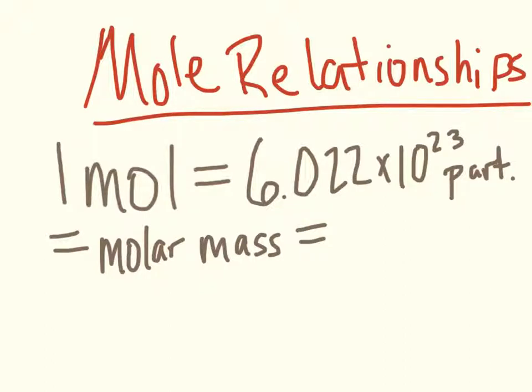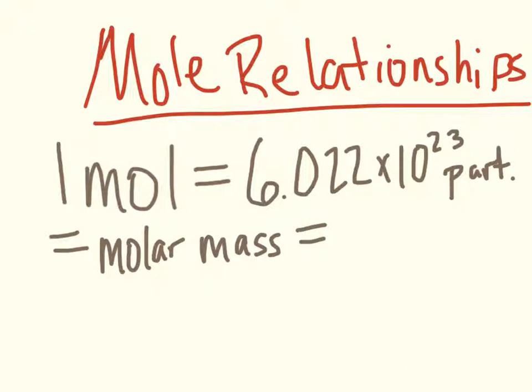The correct answer there is more than, because magnesium's molar mass is 24.31 grams. So when I look at magnesium's mass on the periodic table, it's 24.31, but I have 28 grams, so therefore I have more than 1 mole, because 1 mole is going to be equal to 24.31.